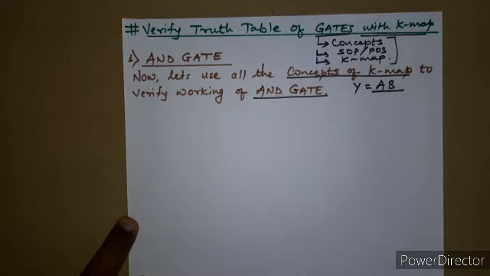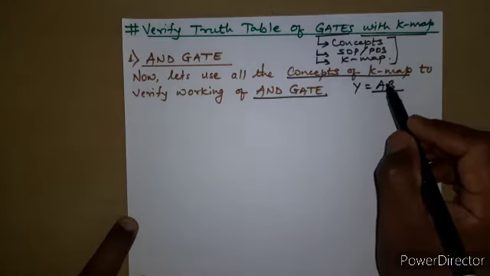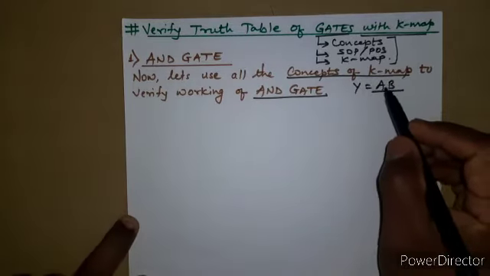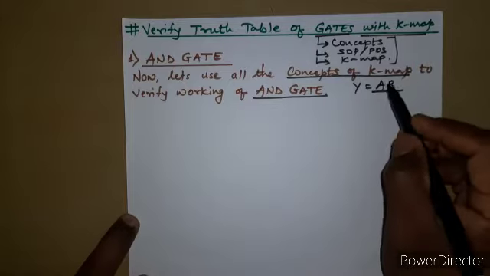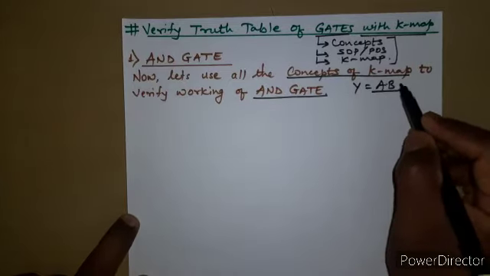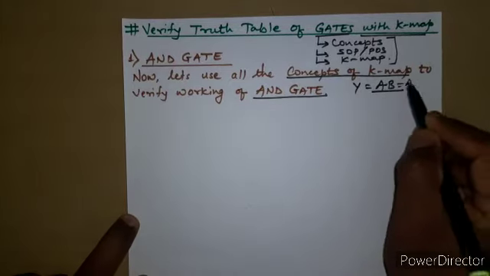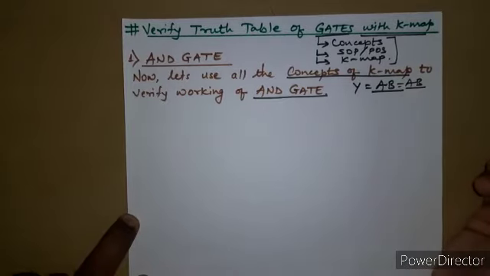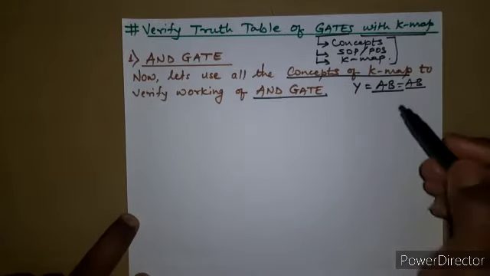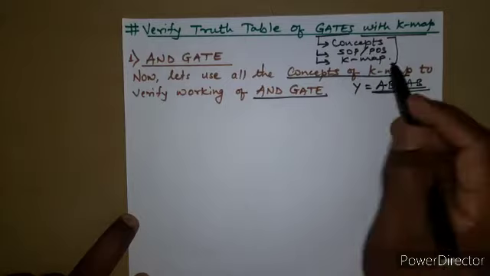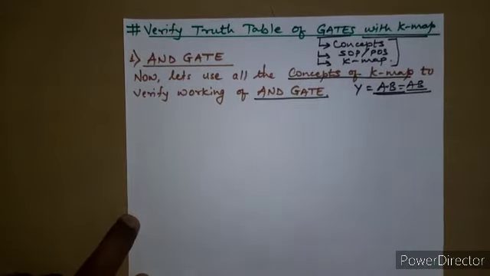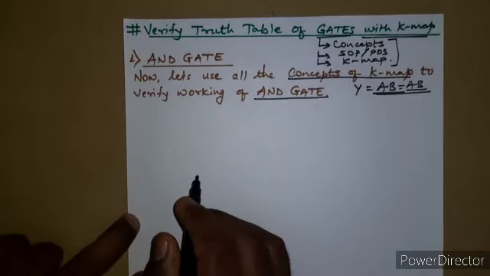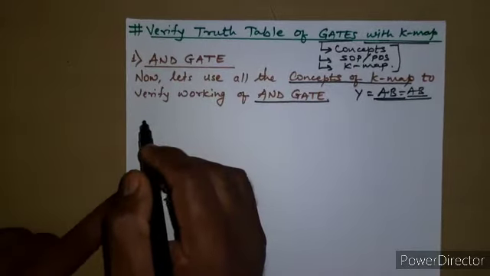Initially when we studied the AND gate, we used the concept of logical multiplication. Two variables are logically multiplied, which becomes A dot B or simply AB. Now let's verify this with the help of K-map. For that we need the truth table of the AND gate.